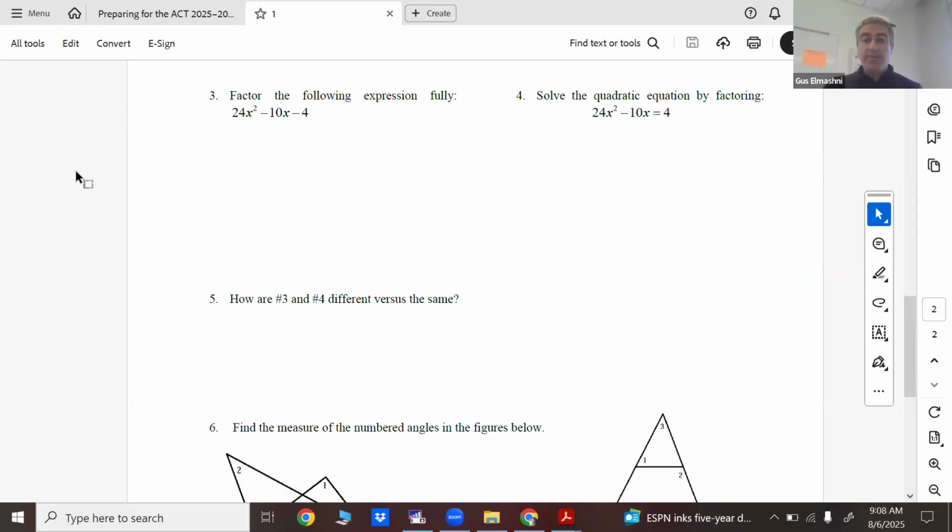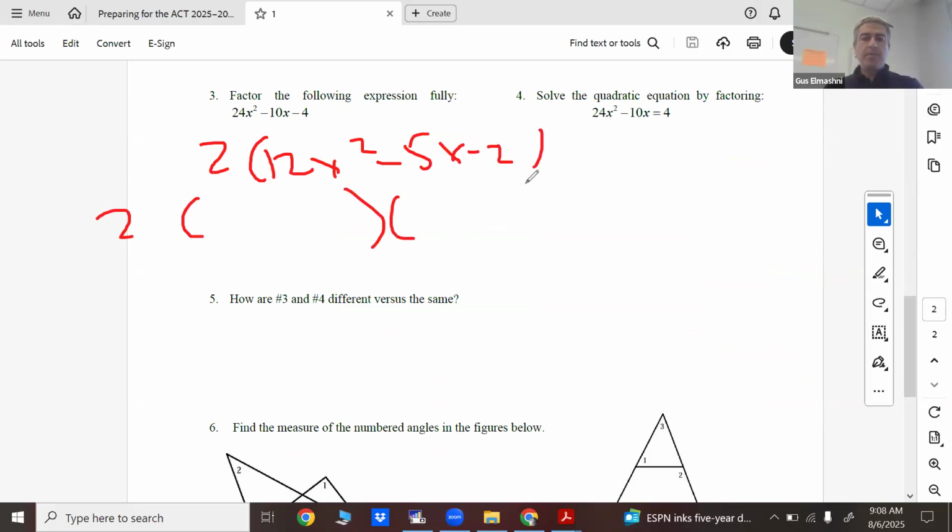Factoring, always look for the GCF first, right? So 2 can be pulled out. You get 8x squared. Nope, sorry. 12x squared minus 5x minus 2. And I think it breaks apart as, she did say there's a mistake here. Okay. I think it should be broken apart like this.